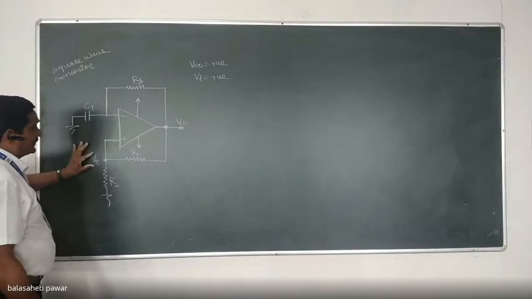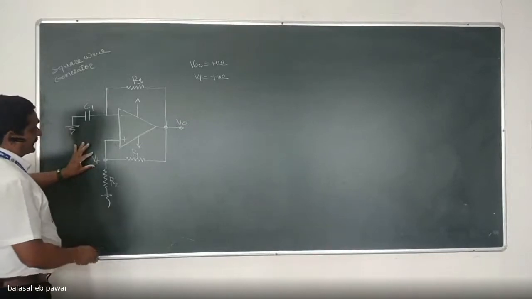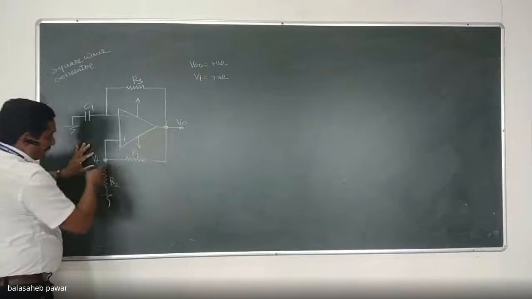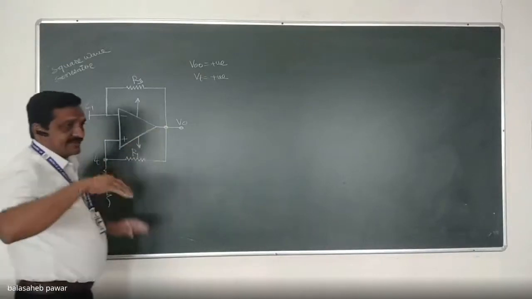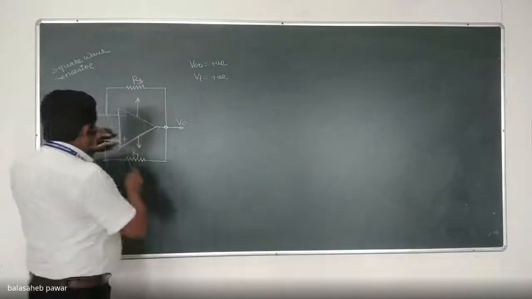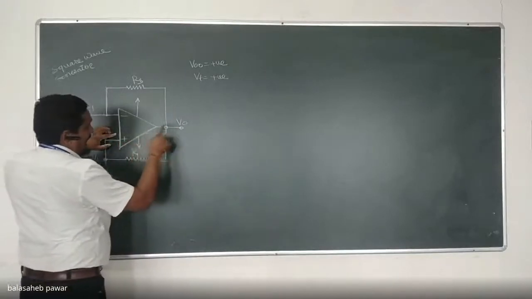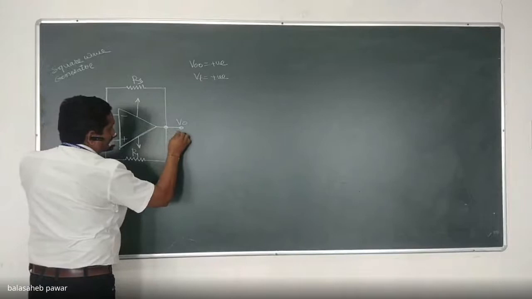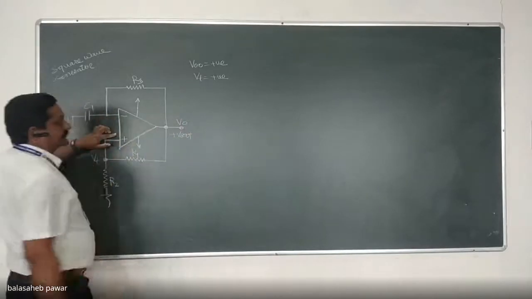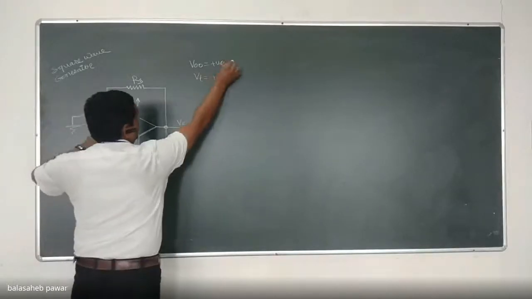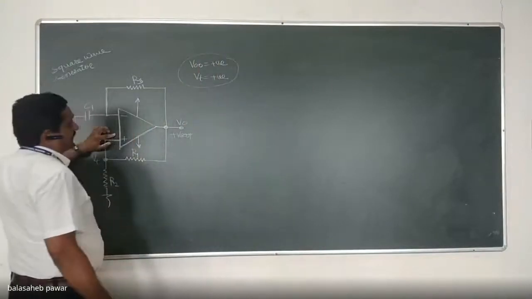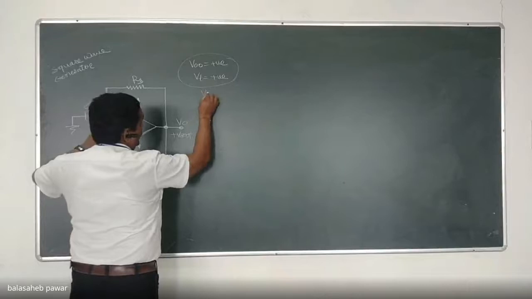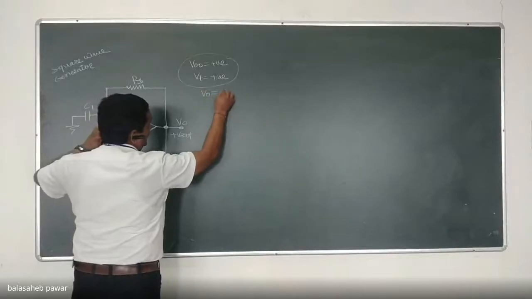As that VT is positive, and as positive feedback is used, gain gets increased, that we know. So the output of this op-amp will immediately get forced to plus Vsat, because of this initial condition during the starting of this circuitry.